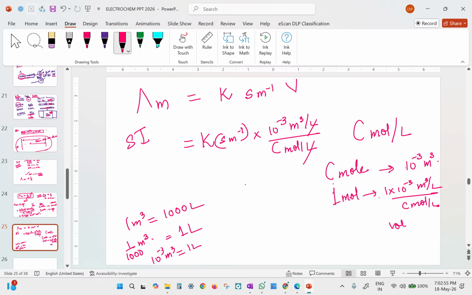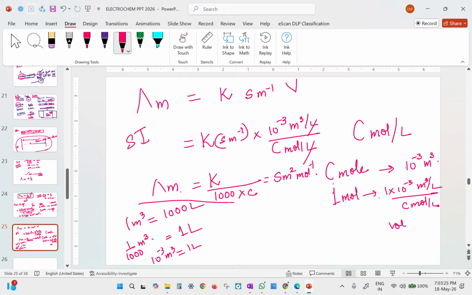Again, per liter gets cancelled. So you will have kappa by 1000. Can I put that 10 to the power minus 3 in the denominator? And the unit will now be Siemens meter square per mole.